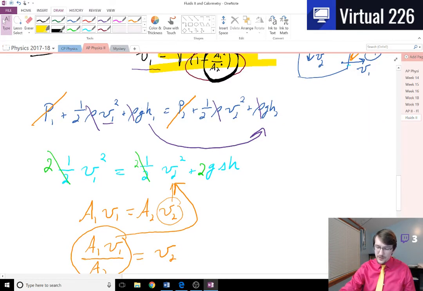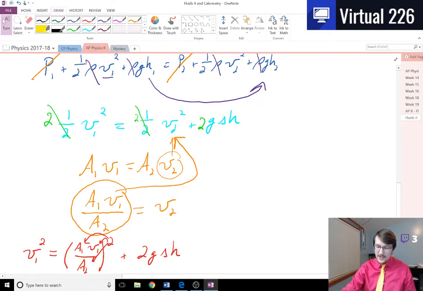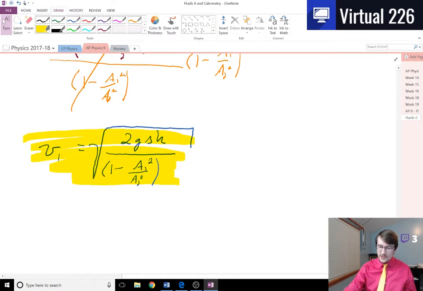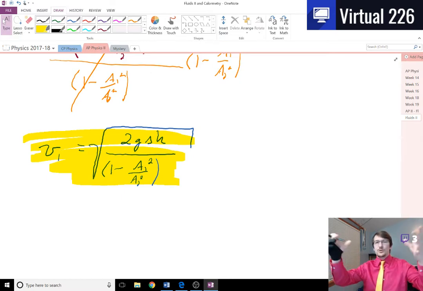Just by using big old Bernoulli and a mass continuity equation and doing a ton of algebra, we can get a more clear solution to Torricelli's equation to see how those ratios of the hole up top to the hole at the bottom actually affect us.